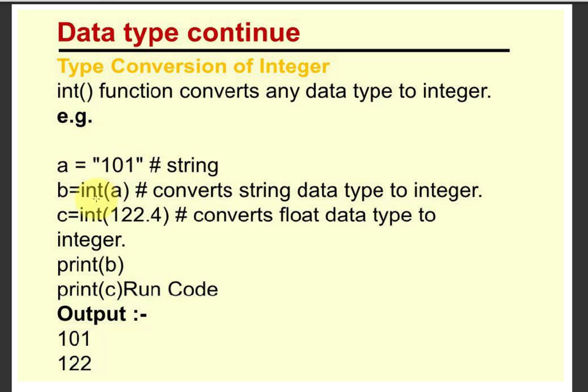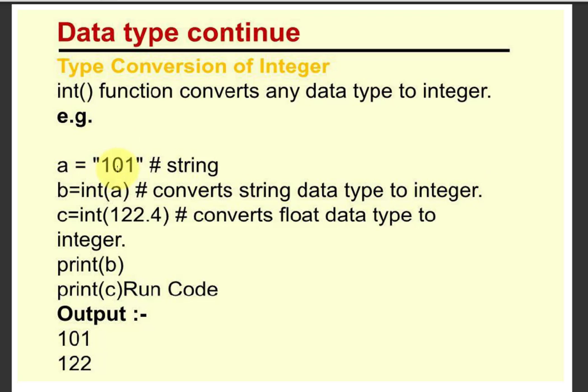With the help of the integer method, I assign a string value to b. So what happened? The b variable will become an integer. See there, int(a): converting the string data type into an integer.